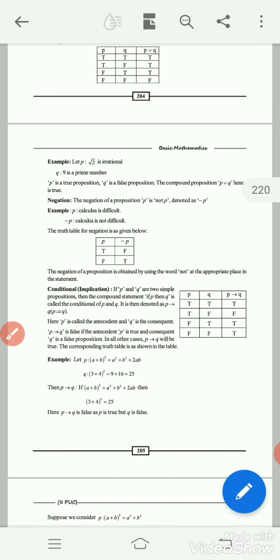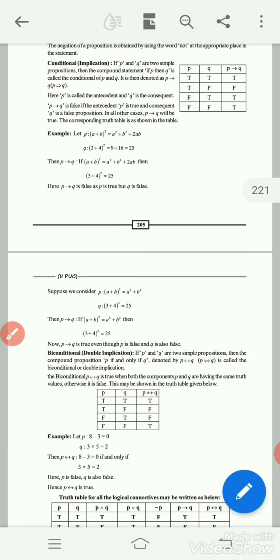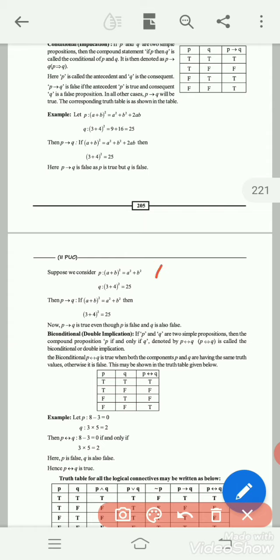One more example. Suppose P is (A plus B) whole square equal to A square plus B square. Q is (3 plus 4) whole square equal to 25. Corresponding to P, the Q statement is true. 3 square plus 4 square: 3 square is 9, 4 square is 16, that is equal to 25.